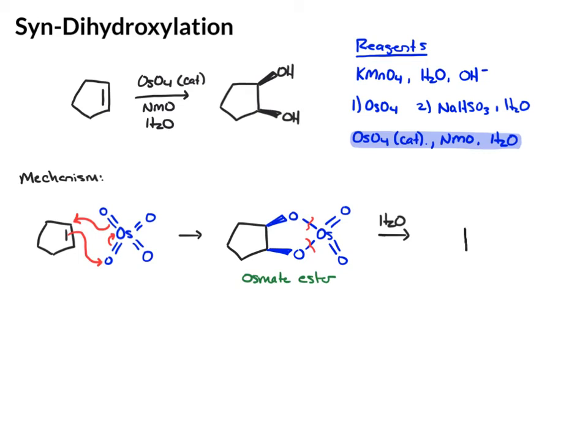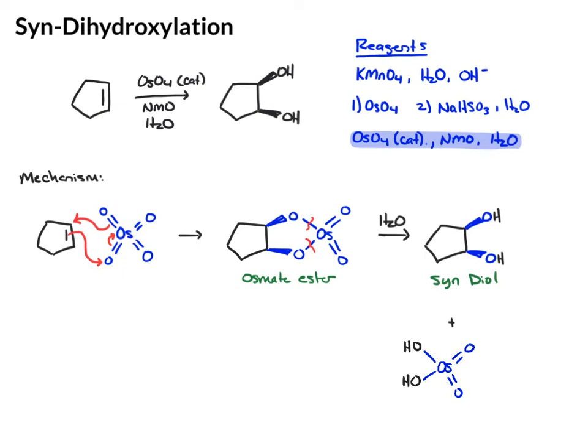So in the end here, you get our syn diol, and our byproduct has 2 OH groups on the osmium.